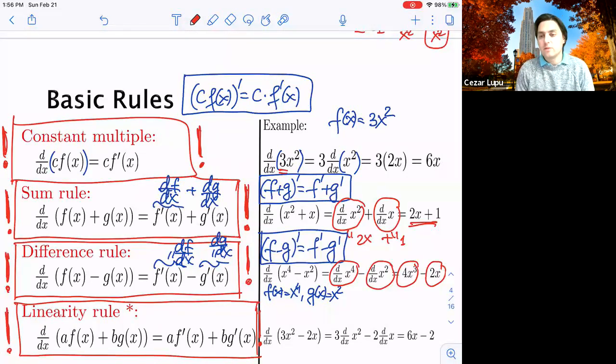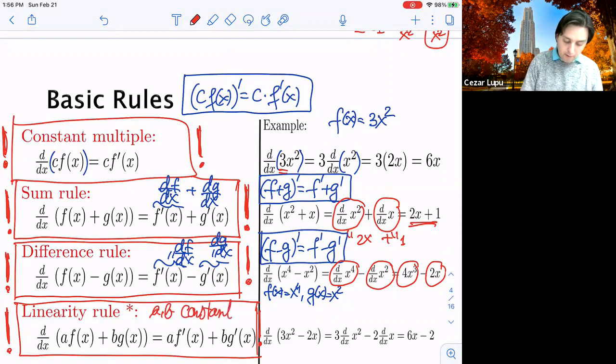So if you take the derivative with respect to x of a times f of x plus b times g of x, where a and b are constants, so let me write this so that things are clear. Then we will have that the derivative of this linear combination of f and g will be nothing else than just the linear combination of their derivatives.